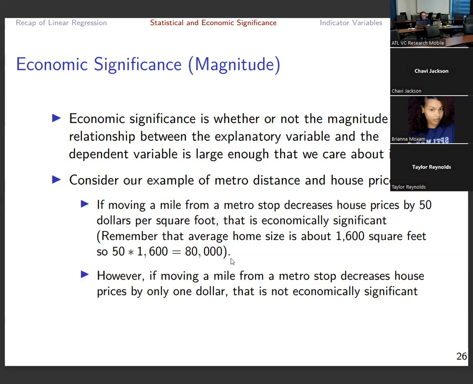From an economic standpoint, I don't think that's what we're finding here. We're finding that moving further away is economically important in someone's decision. The question then is, are you gonna use the metro for $80,000 more? Is it that valuable to you?